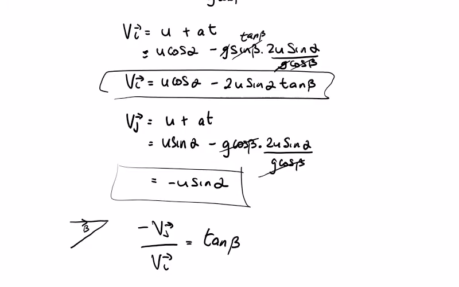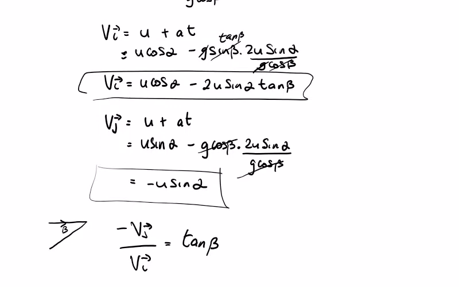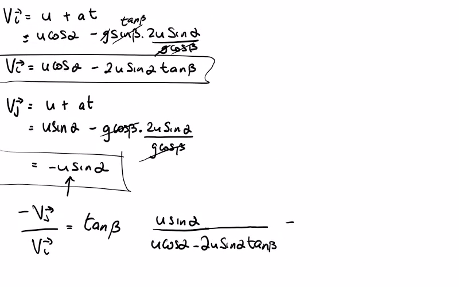This should help us get to the solution. So we're going to have minus this guy, which is just u sine alpha, over u cos alpha minus 2u sine alpha tan beta, has to be equal to tan beta.